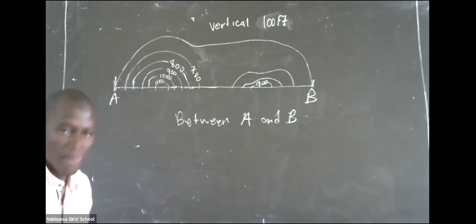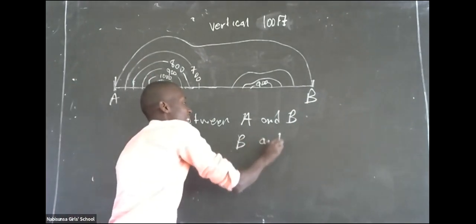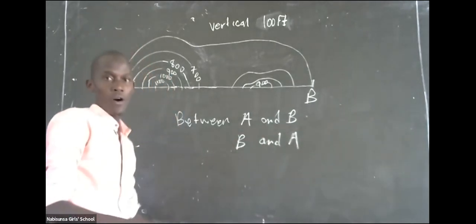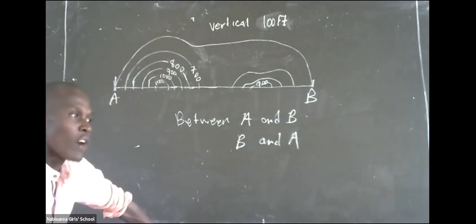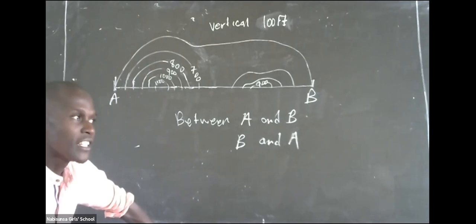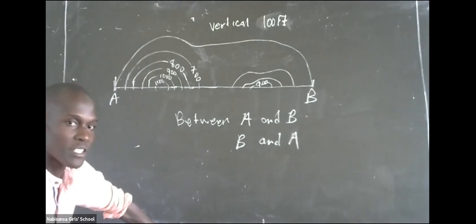Yes, teacher. They said draw a section between B and A. No, you have not understood. When they say draw a cross section between Namudaala's home and Jordana's home, which one was mentioned first?